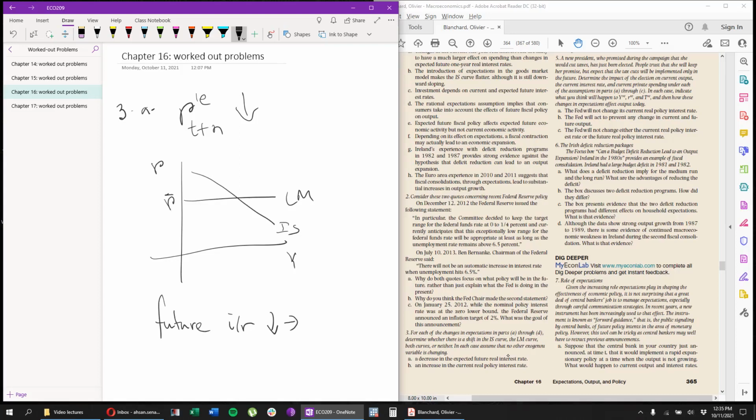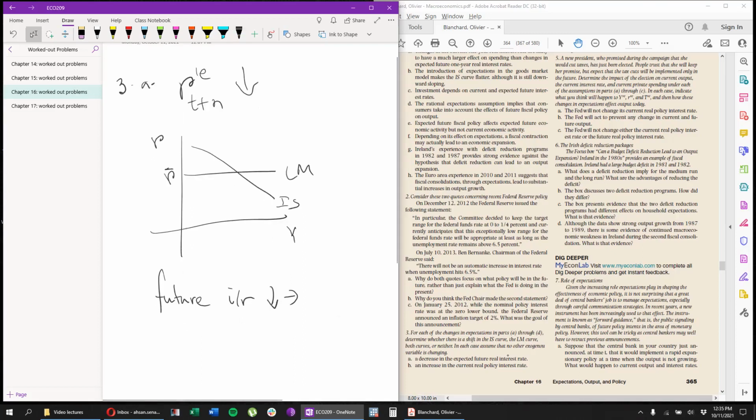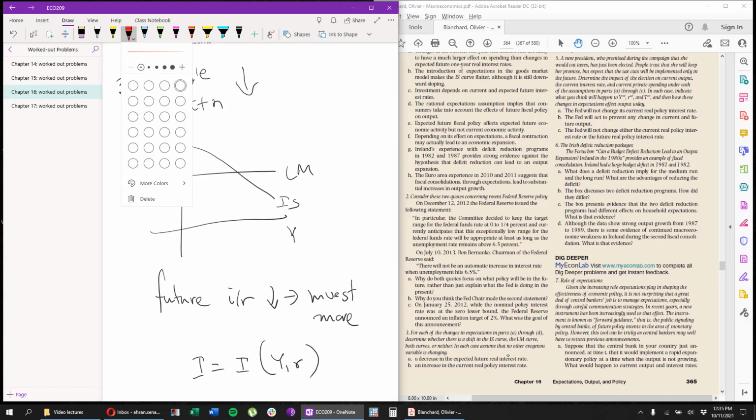We might invest more because of this. You guys remember the relationship between investment and Y and R: this is a positive relationship, this is a negative relationship.